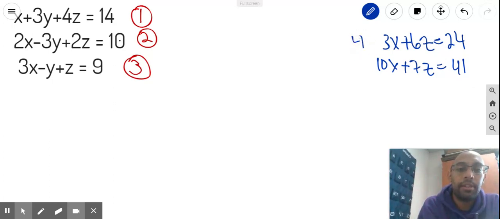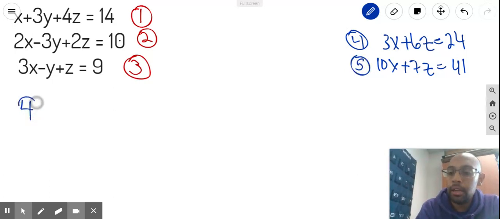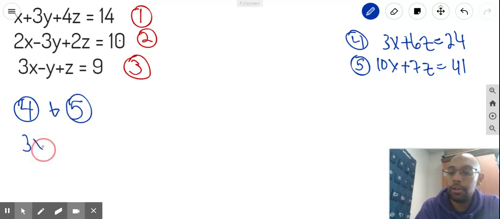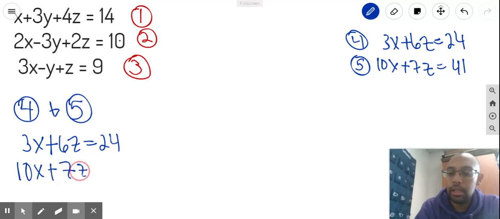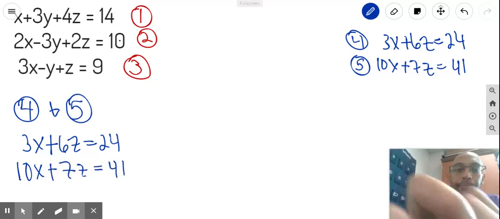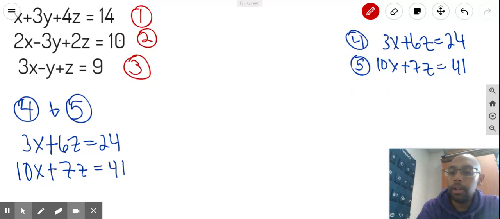So once again, this is 4 and this is 5. So eliminating x, let me just rewrite the equation first. So 3x plus 6z equals 24, and 10x plus 7z equals 41. So I'm going to multiply this top equation by 10 and this bottom equation by negative 3.